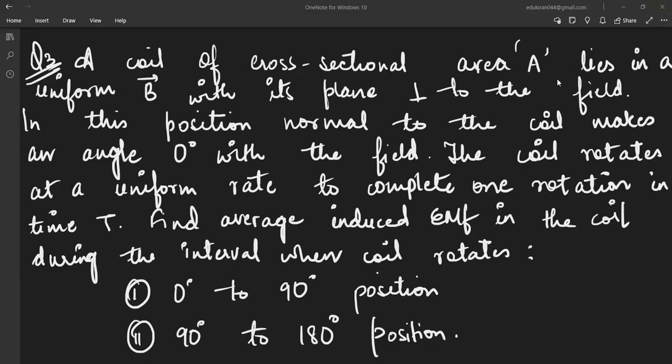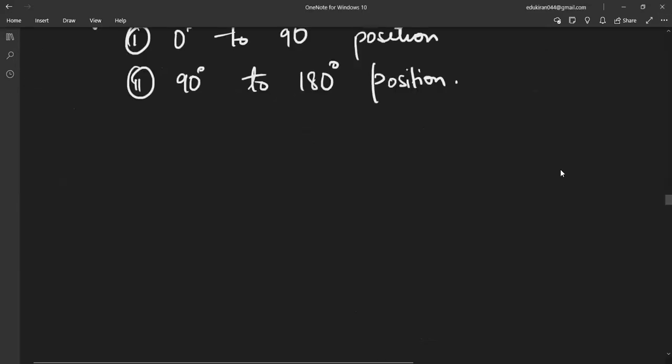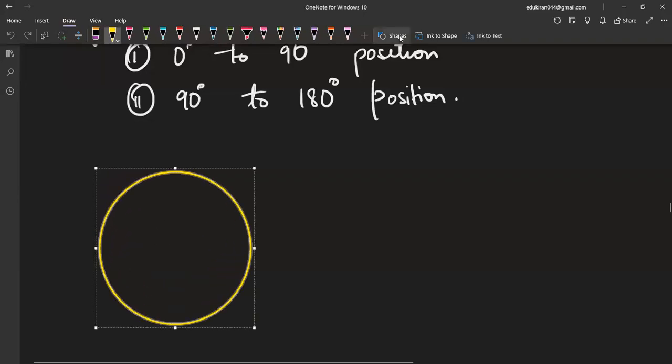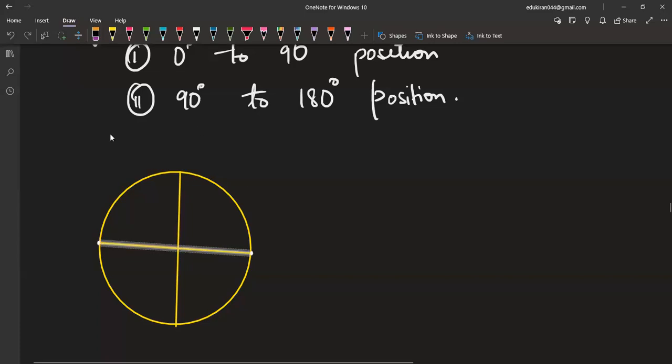Now see, when we are saying complete time duration is t, let's say this is 0 degree, this is 90 degree.